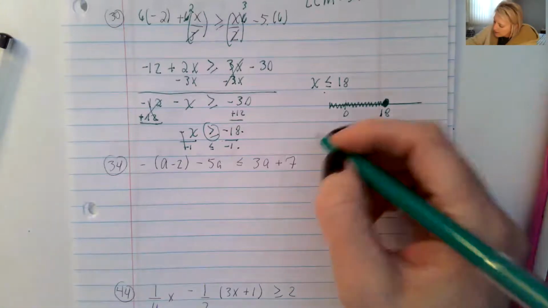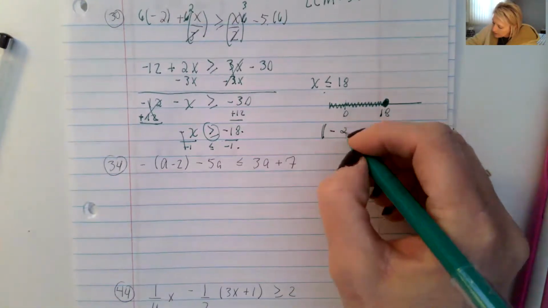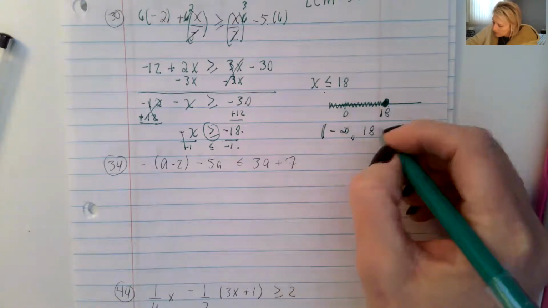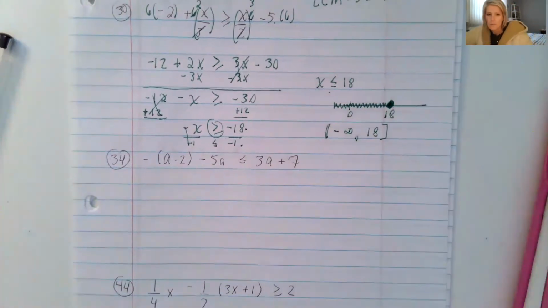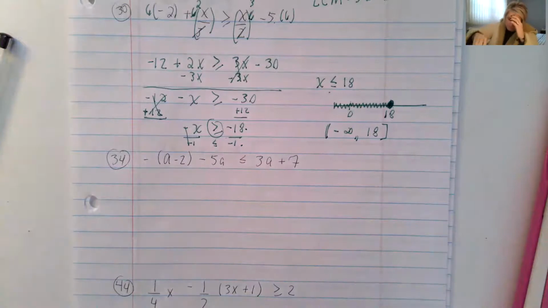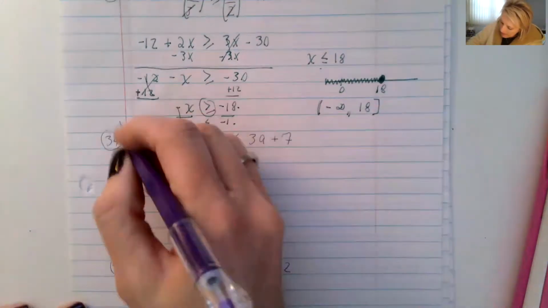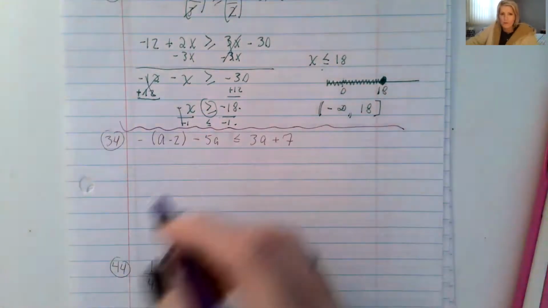And so my interval is going to be, it can be all the way out to a negative infinity, and the maximum it can be is 18, and we're including it, so it's a bracket. No fractions on 34, but we have this parentheses.